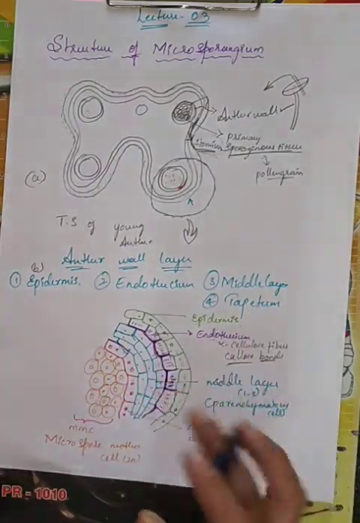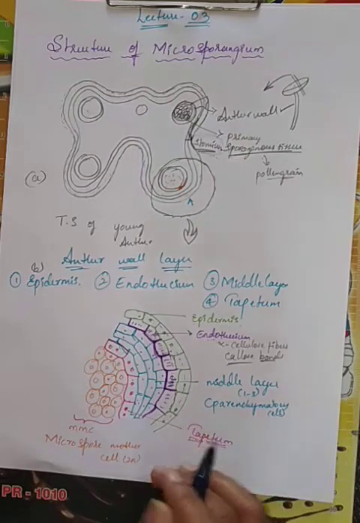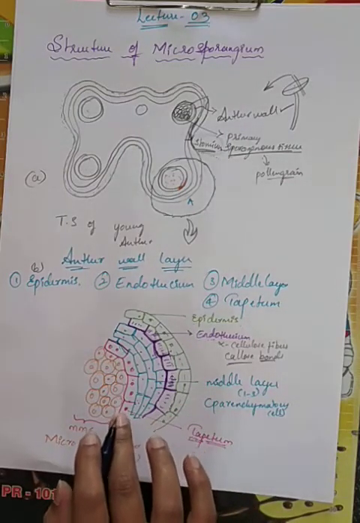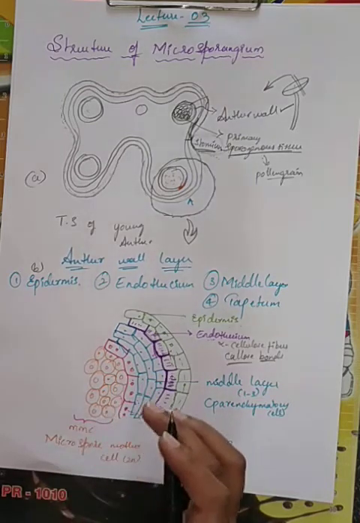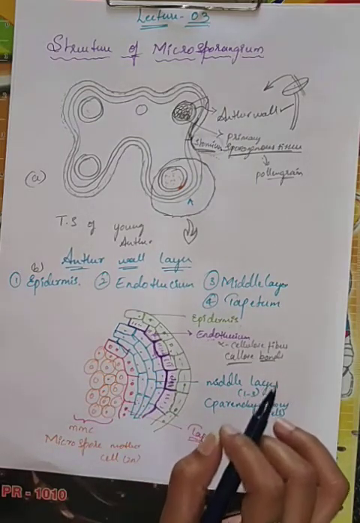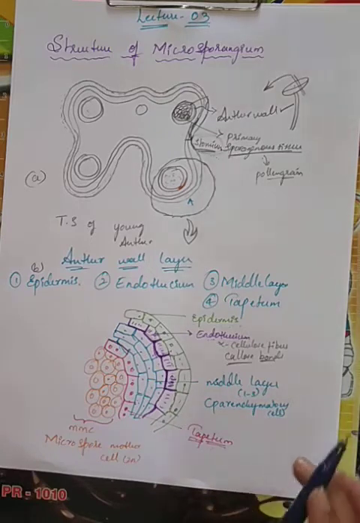Okay, before degeneration of the tapetum, they form special granules called Ubisch bodies, or pro-Ubisch bodies, in the cytoplasm.